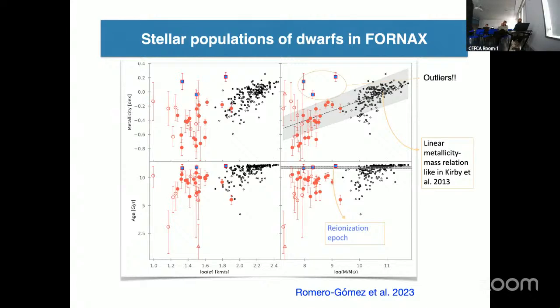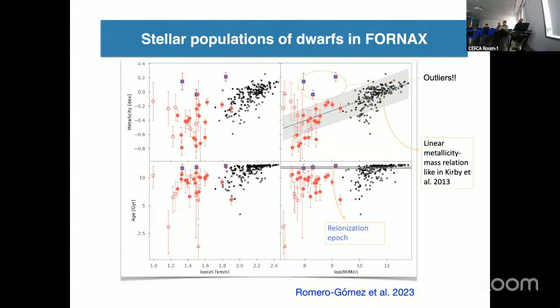Basically, what I showed you here is the age and the metallicity as a function of the sigma, the velocity dispersion, and as a function of mass. The black and open symbols here are the galaxies from Atlas 3D, reanalyzed with our library, with our methodology. And the red points here are the dwarfs from the Fornax.